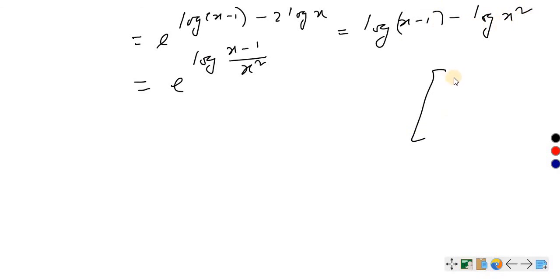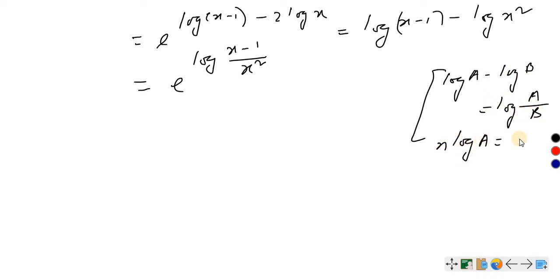I am using the log formulas: log a − log b = log(a/b), and n log a = log aⁿ. Exponential of log of something is that something only, so the integrating factor is (x − 1)/x².